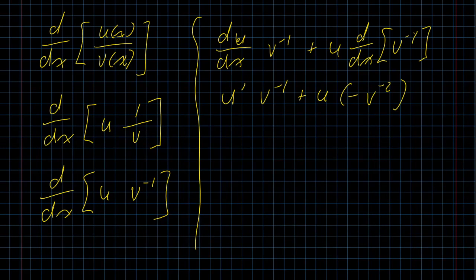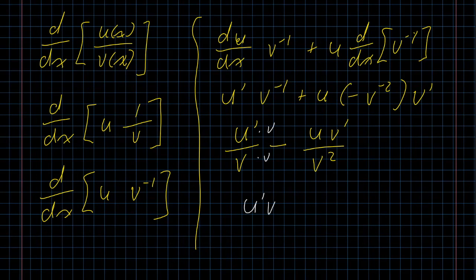Then using the power rule, negative v to the negative second, and using the chain rule, that gets multiplied by v prime. Cleaning up a little bit from here, this is u prime over v minus u v prime over v squared. And if I multiply that first fraction, top and bottom, by an extra factor of v, I get u prime v minus u v prime over v squared.